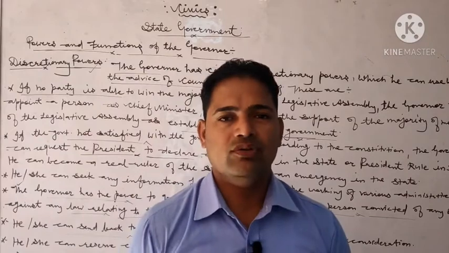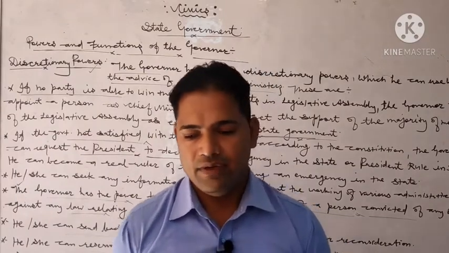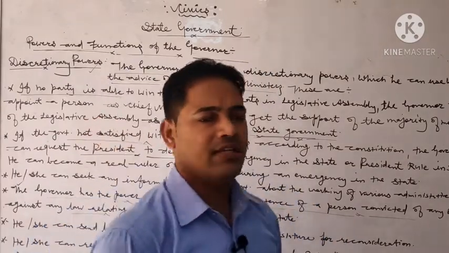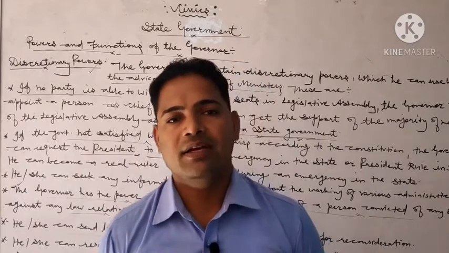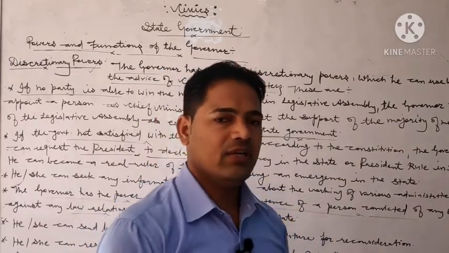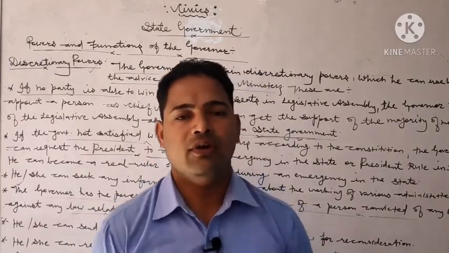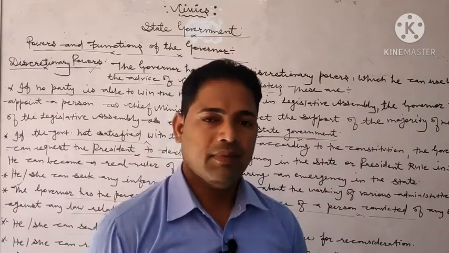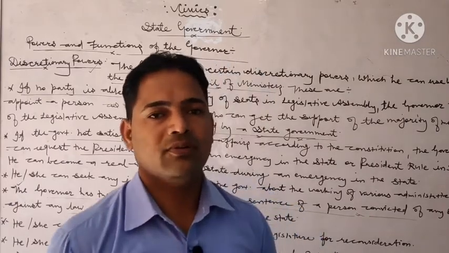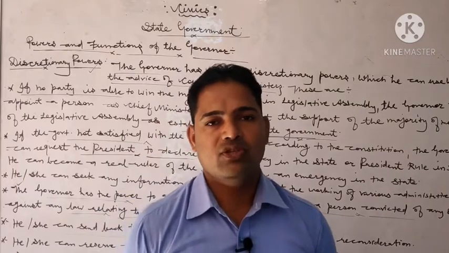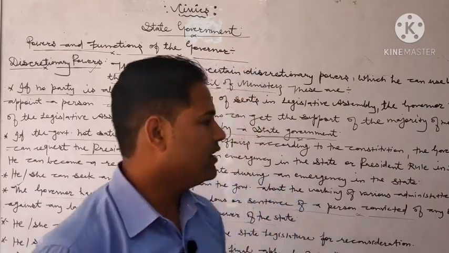So simply I want to say at last that just like the president is the formal head of the country, the governor is not only a nominal head of a state, but more than the nominal head. Why? Because so many responsibilities are on the shoulders of a governor of a state.